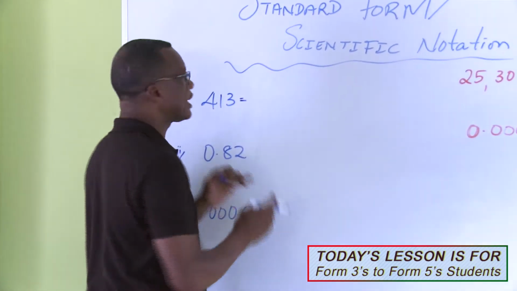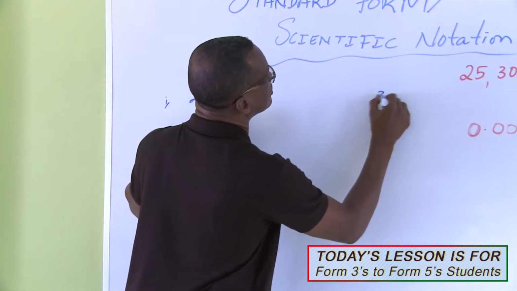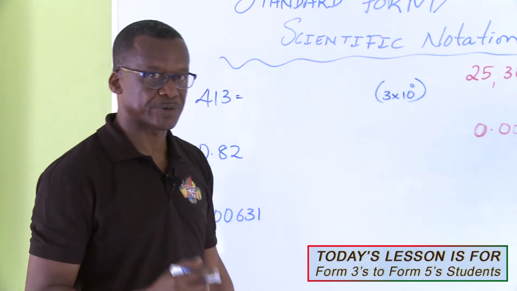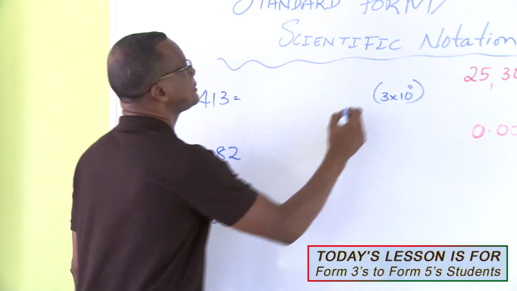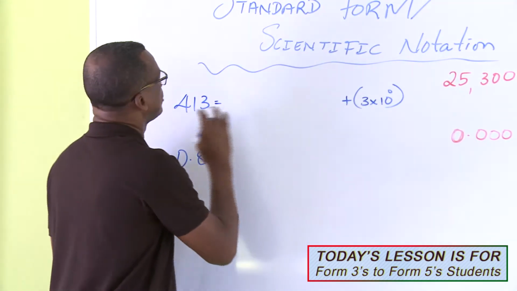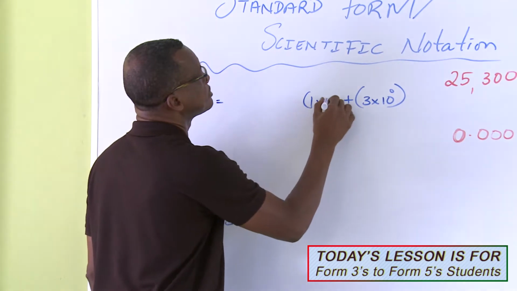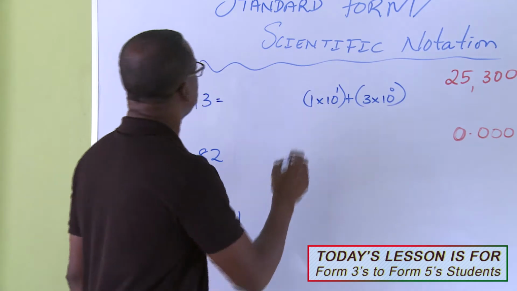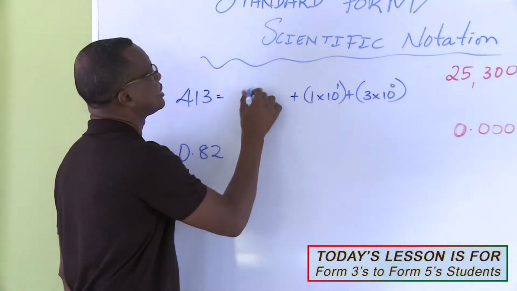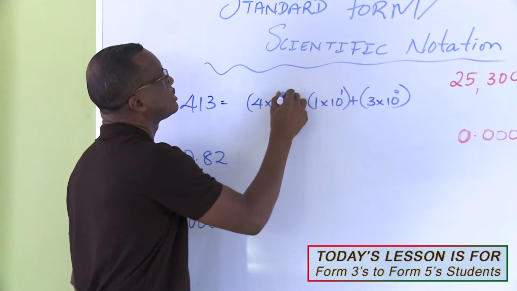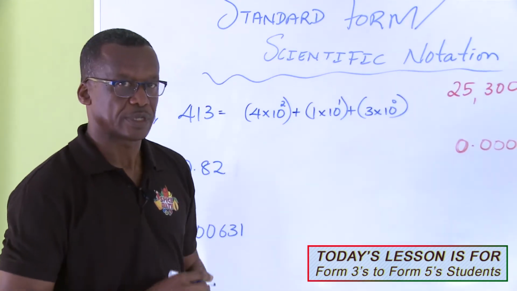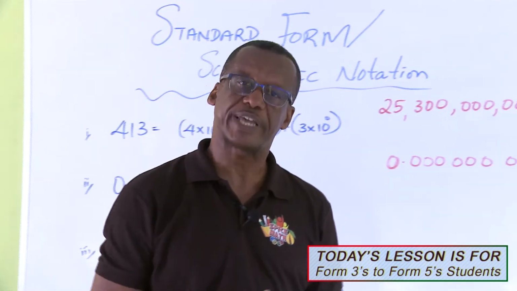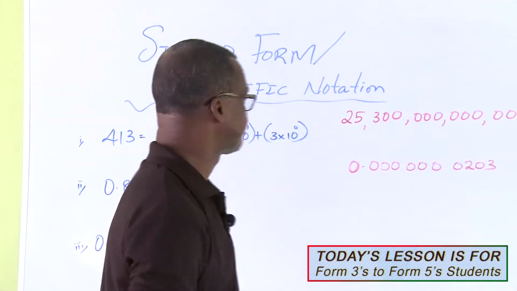Because 413 came from 3 ones, or 3 times 10 to the power of 0, as we explained in a previous lesson, plus 1 ten, or 1 multiplied by 10 to the power of 1, plus 4 hundreds, 4 times 10 to the power of 2. When we evaluate these and we sum them, we get 413.